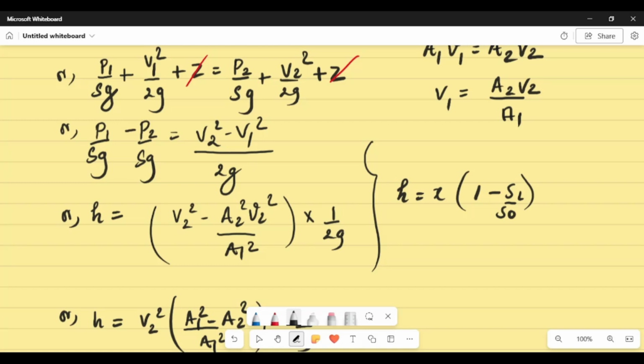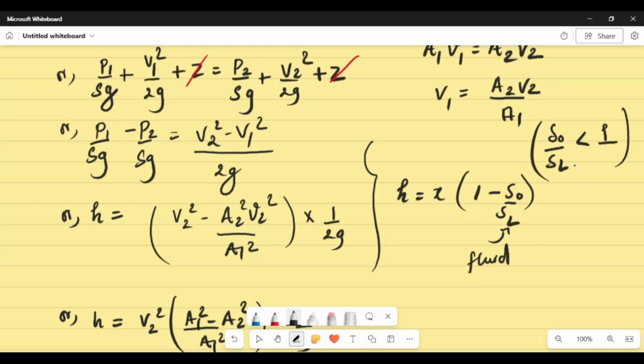Now you may be asking: what is S naught and what is SL? Actually, we have changed the diagrams, so this should be S naught and this should be SL. This is the fluid. This formula is used if S naught by SL is less than 1.